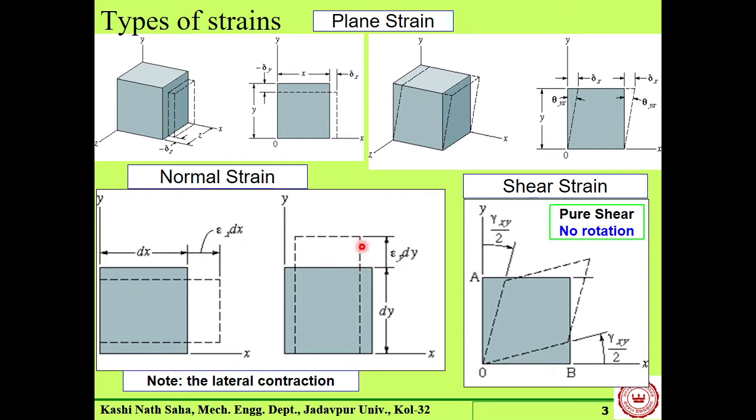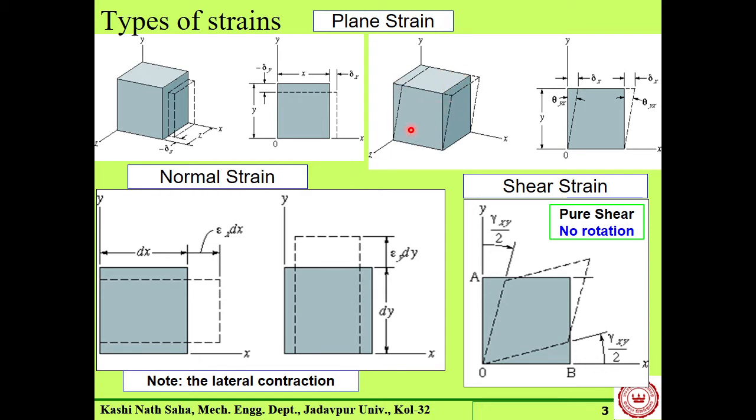That part is clear. Epsilon y you also understand. And how do we measure shear strain? Shear strain is measured with reference to an original 90 degrees. So you see here, you can identify the shear in this pictorial representation.